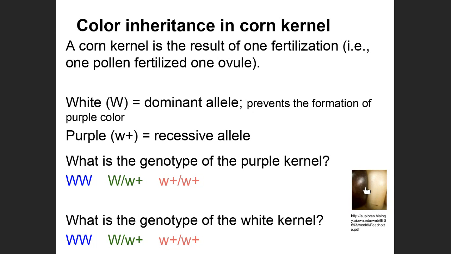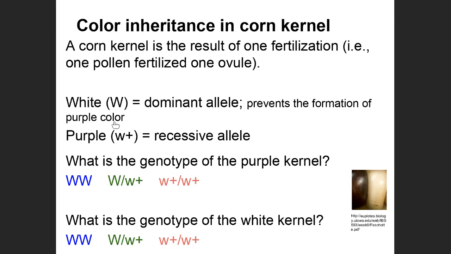And now the color, let's say that it's conditioned by this white allele. If you don't remember what alleles are, I'll explain. You can raise your hand. It's a variant of a gene. So the gene here is kernel color. We're going to say that the allele that conditions white kernels is the big W, and it's dominant because it prevents the formation of the purple color.